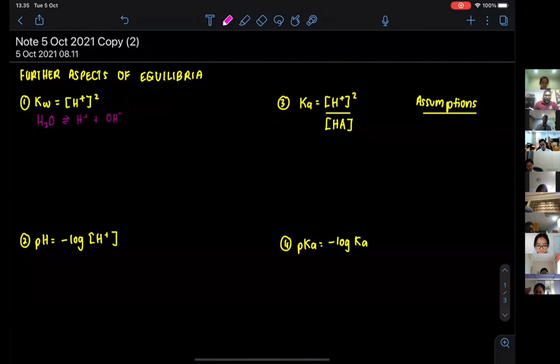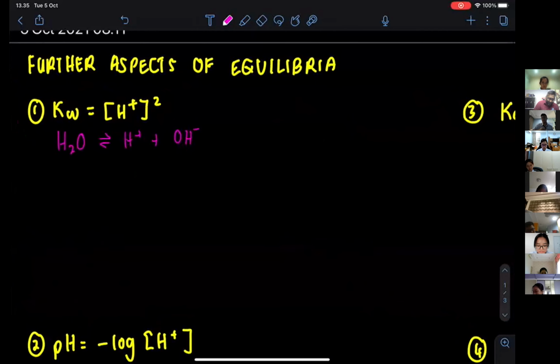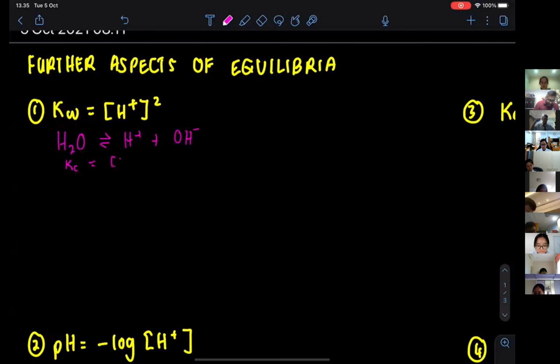If I want to represent this in the form of Kc, as we normally used in the past, Kc equals concentration of H plus times concentration of OH minus divided by concentration of water. But now you should know that the concentration of water is constant, so we are not going to include that in the expression.